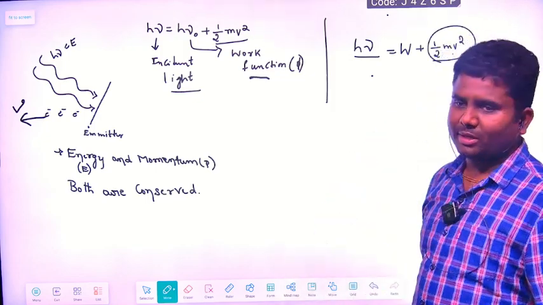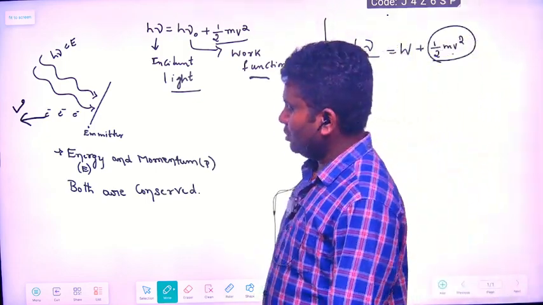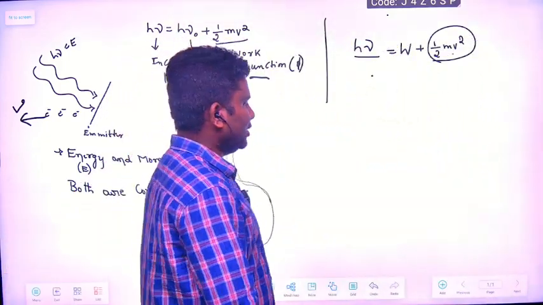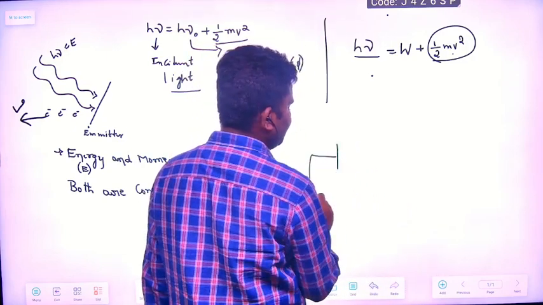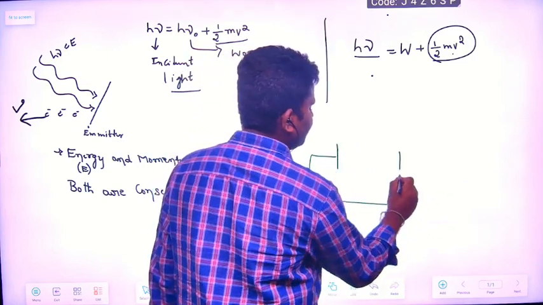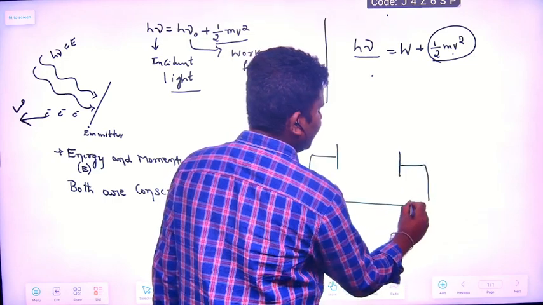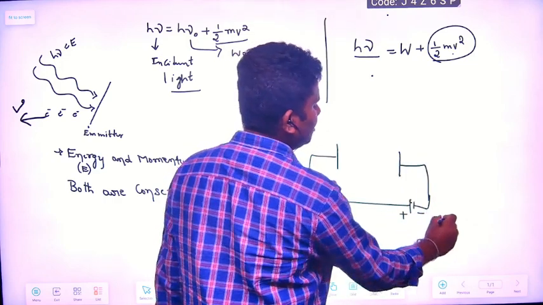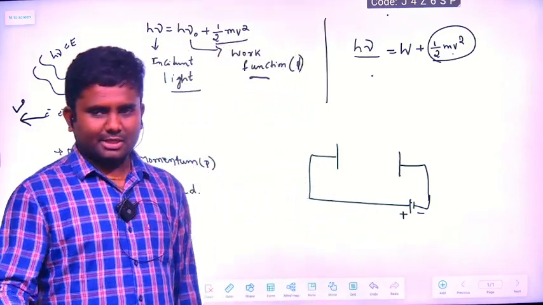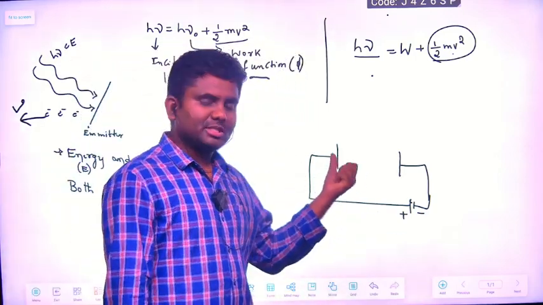This part is very important. While doing that experiment, you already know the collector plate and emitter plate. The emitter plate and collector plate are connected with a battery to give the potential. Correct, right?